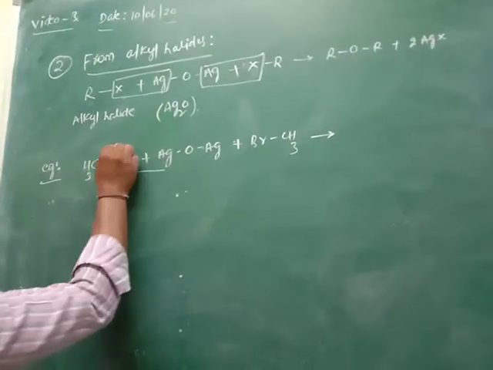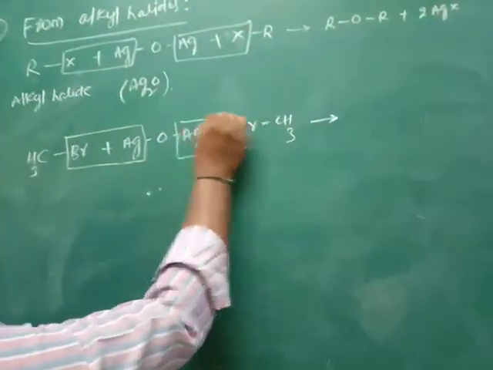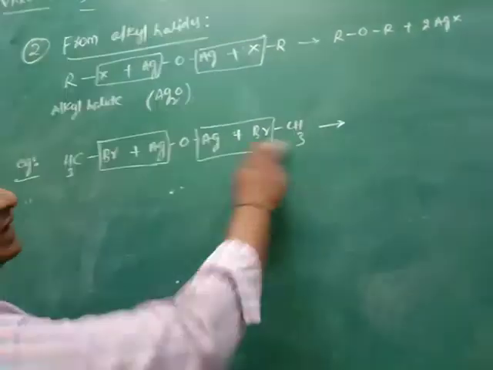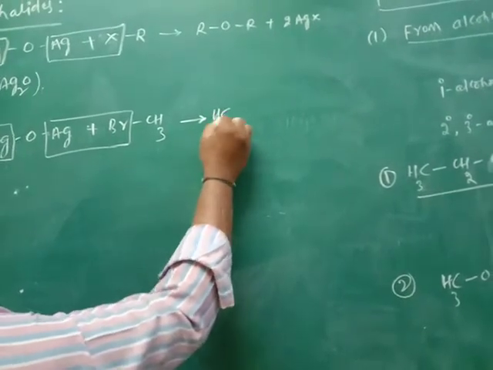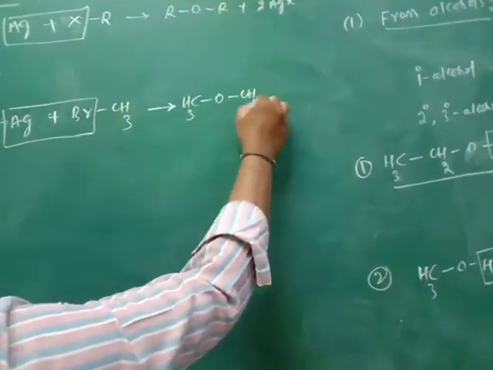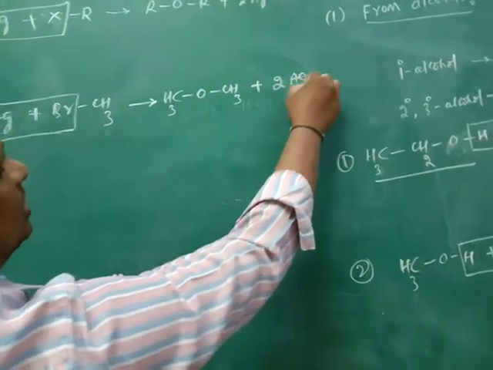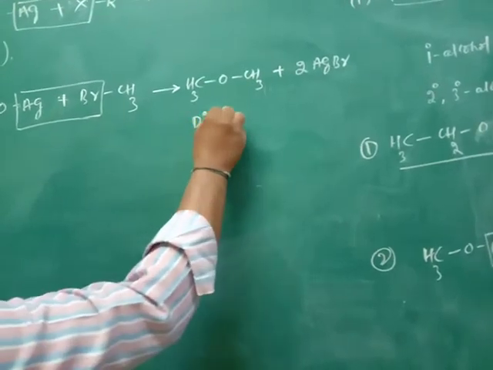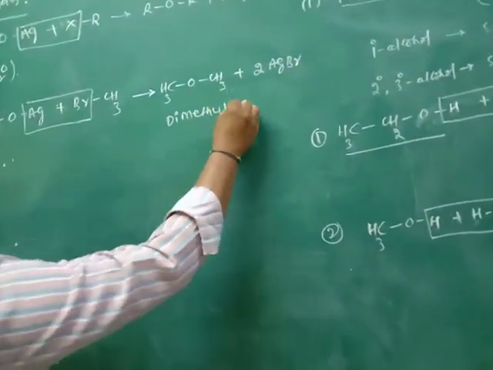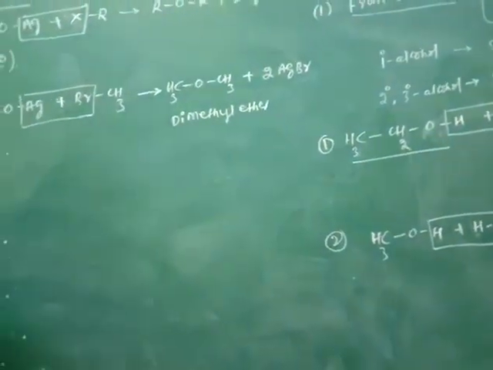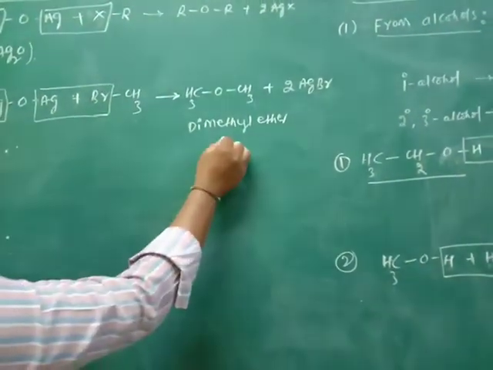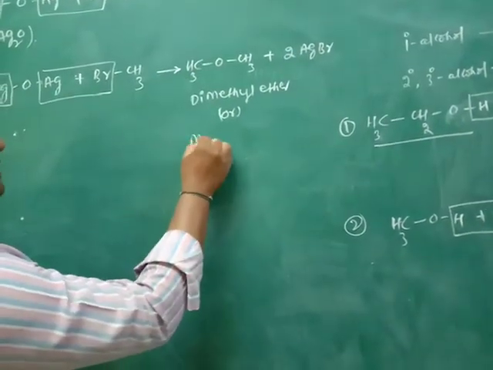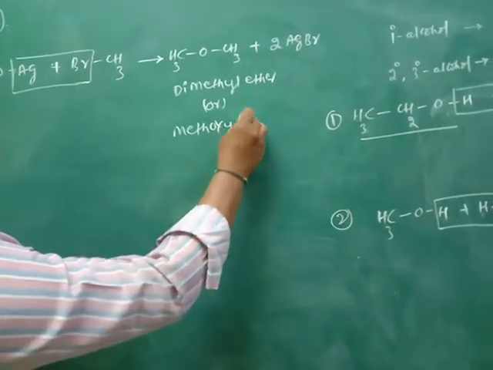Ag combines with Br to give AgBr. The remaining compound is CH3-O-CH3, plus 2 moles of AgBr. It is dimethyl ether, its common name. The IUPAC name is methoxymethane, methyl with oxygen being methoxy.